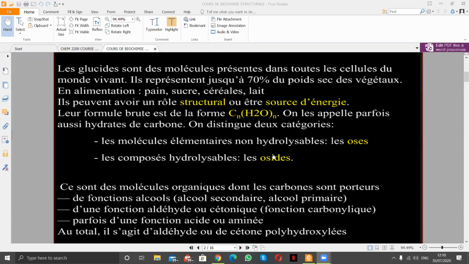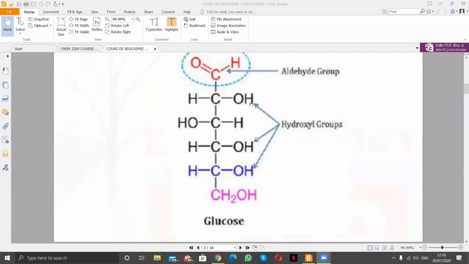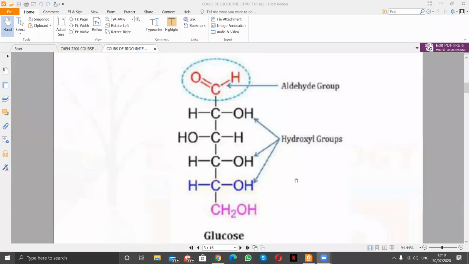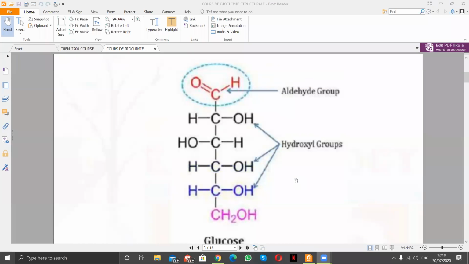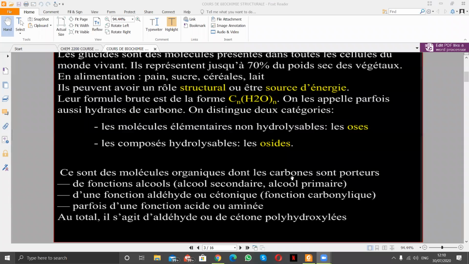And carbohydrates are characterized by the presence of a carbon chain carrying a hydroxyl group function, or a carbon function, aldehyde or ketone.